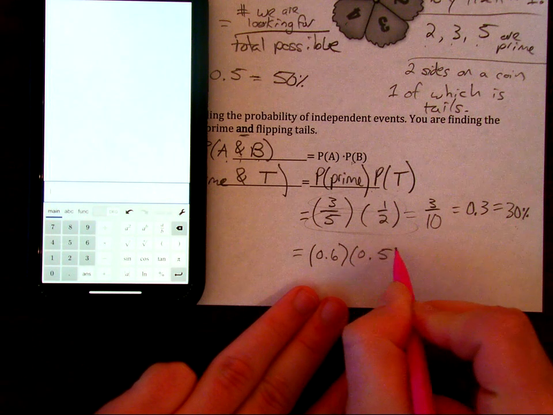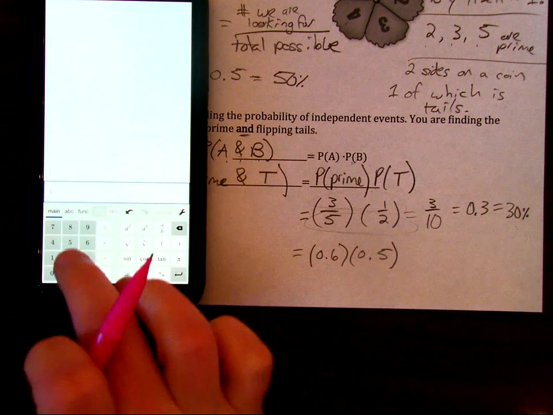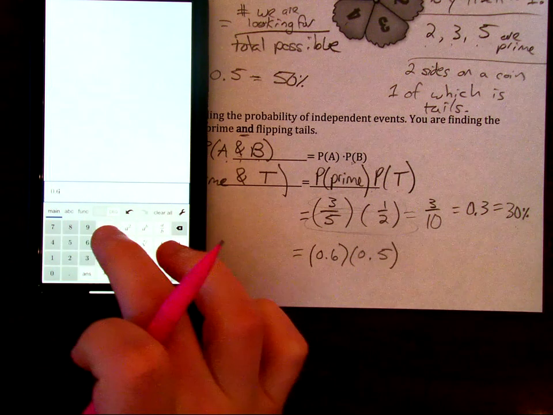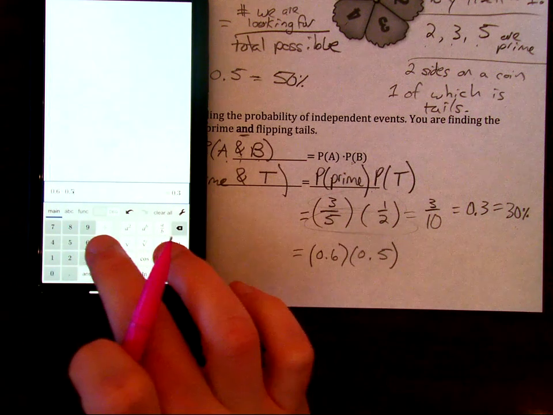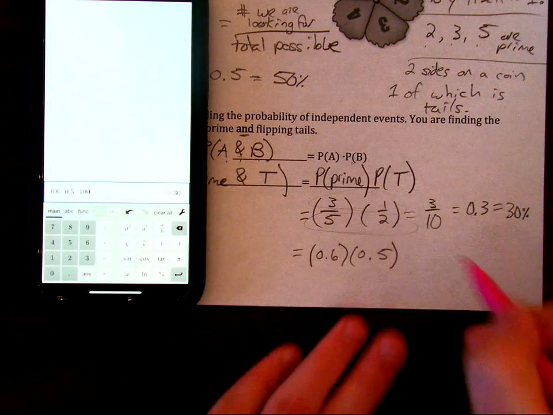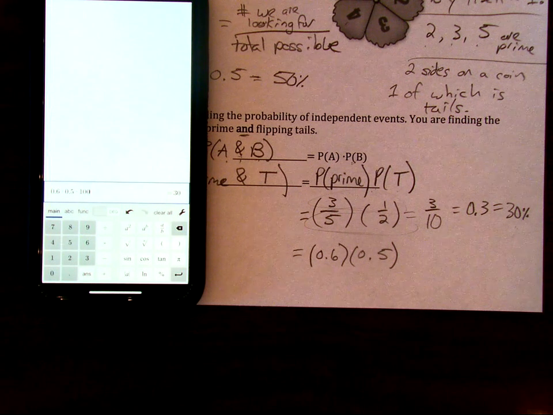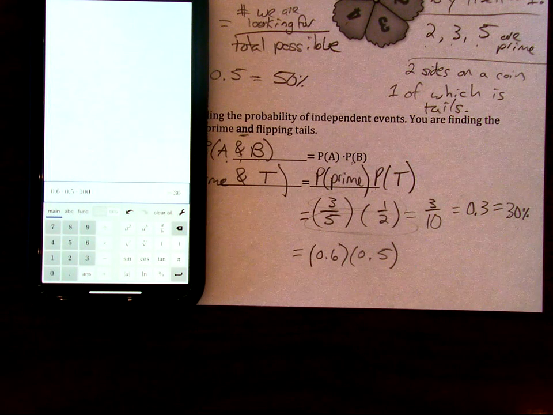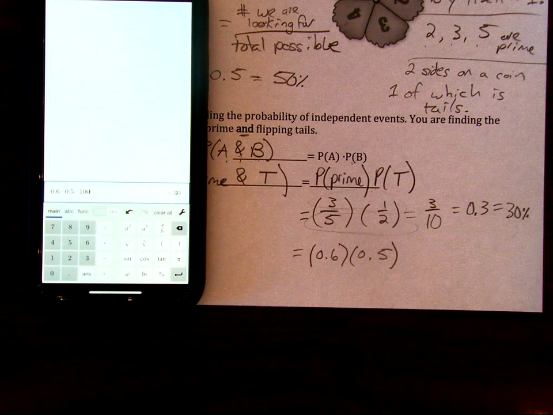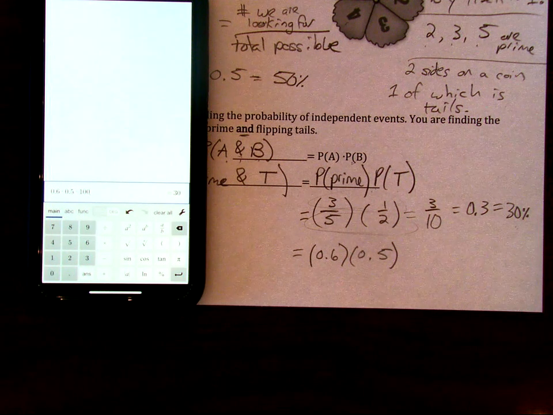So you said 0.6 times 0.5 is our amount we are looking for. Either way works. Usually you do multiply the fractions or the decimals, but since they are both equal, you can choose either one. Any questions on that? Good.